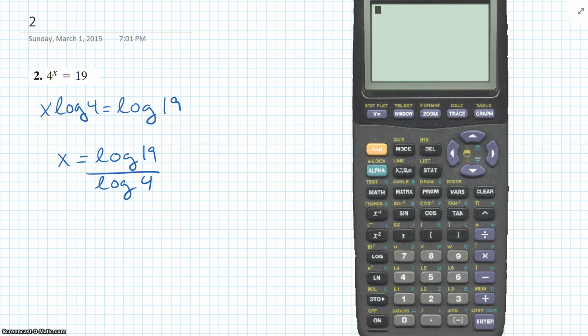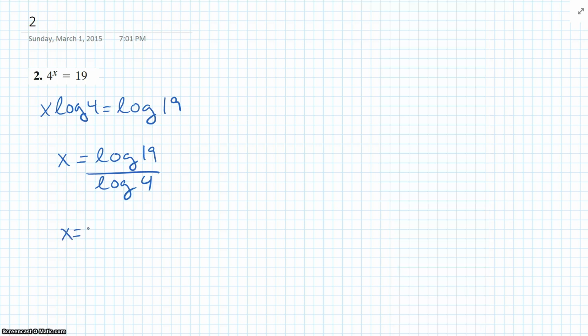So we got our handy dandy calculator out, so we'll hit the log of 19, close the parentheses, divided by log of 4. 2.124. So x equals 2.124.